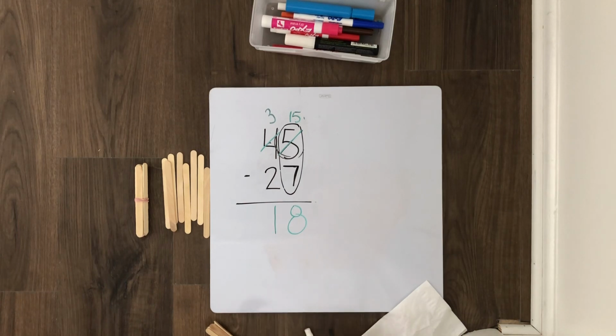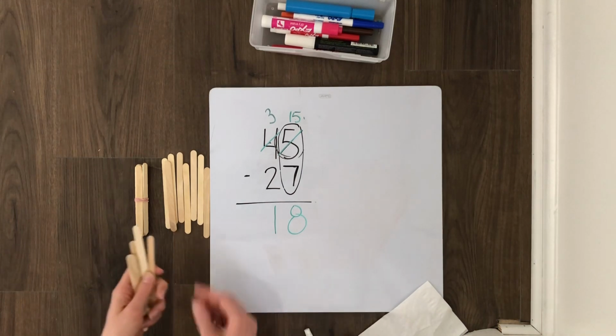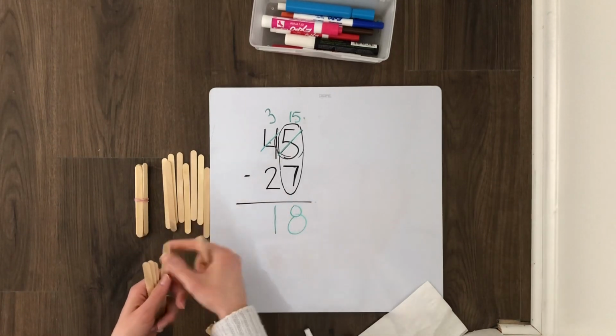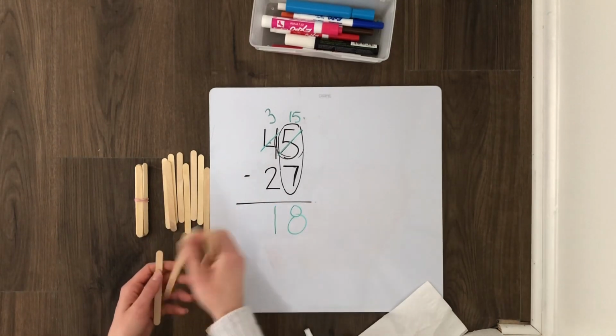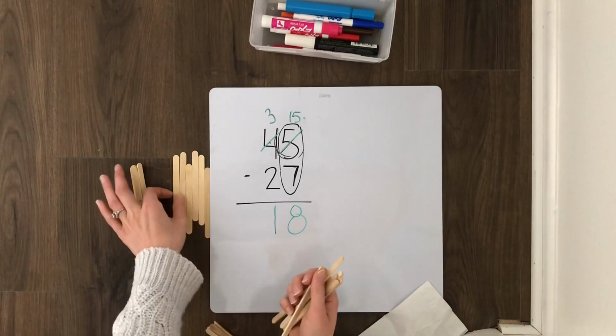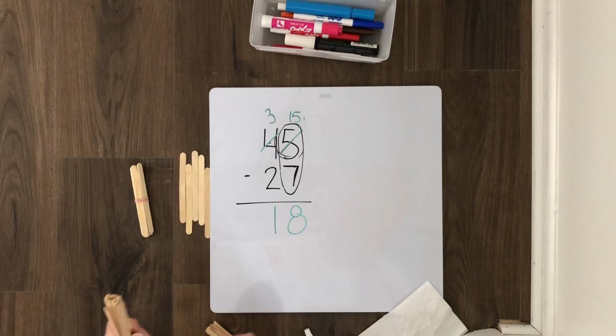All right, please bundle your popsicle sticks back up into another group of 10. So you're gonna count 1, 2, 3, 4, 5, 6, 7, 8, 9, 10. You're going to bundle them back up.